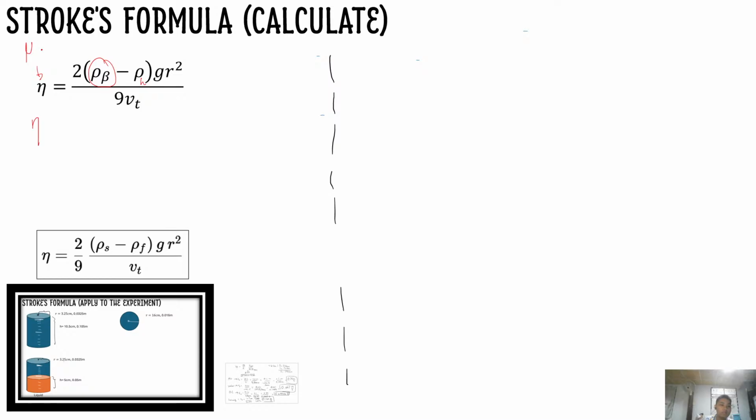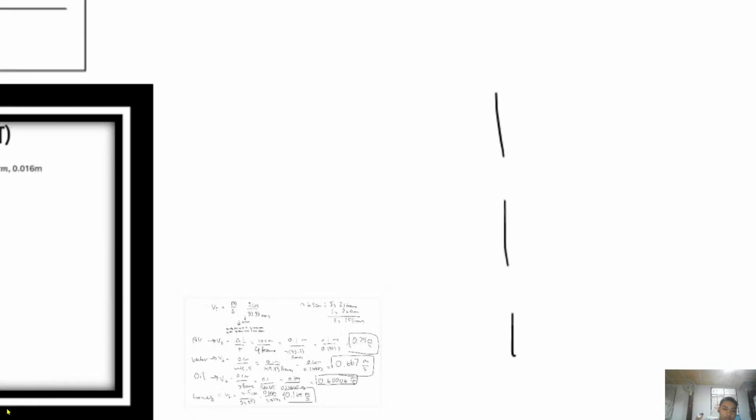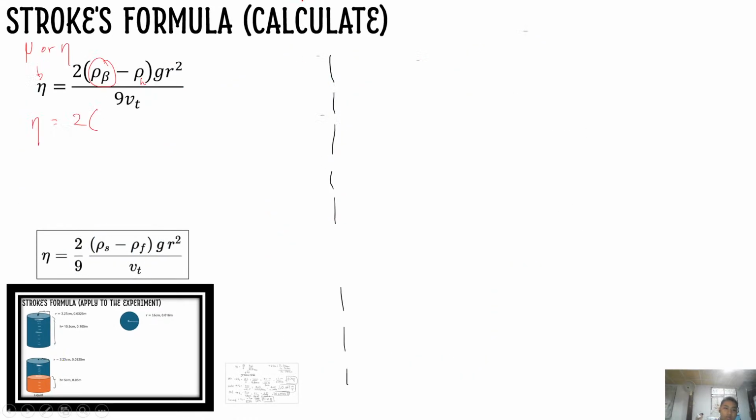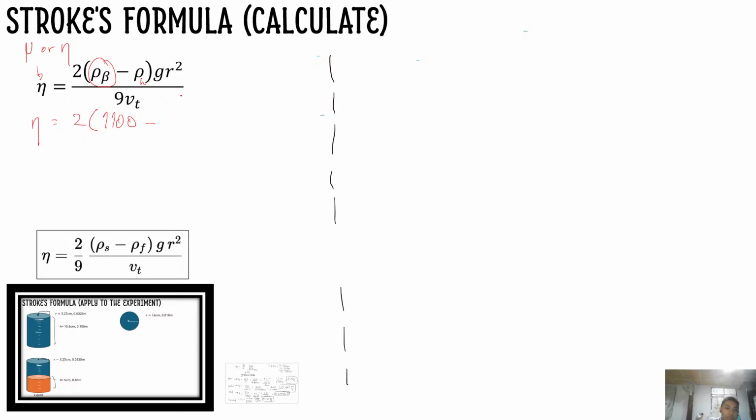We have 2 over 9, and the ball is 1,100, minus the air, 1.225.